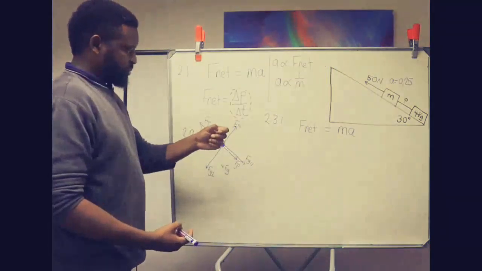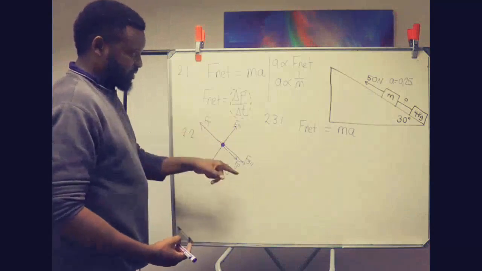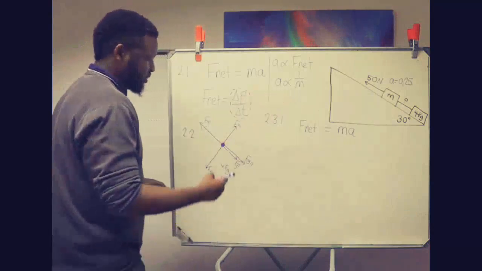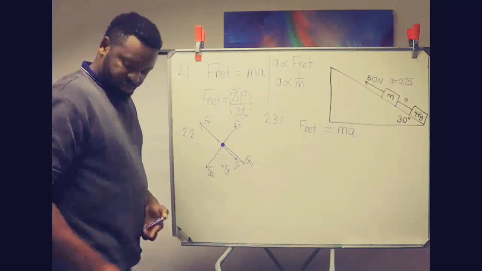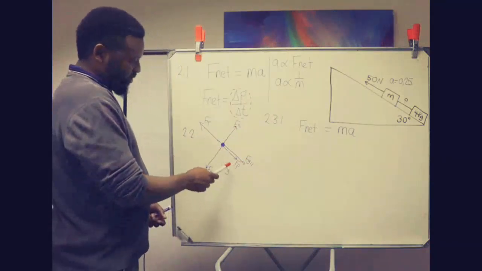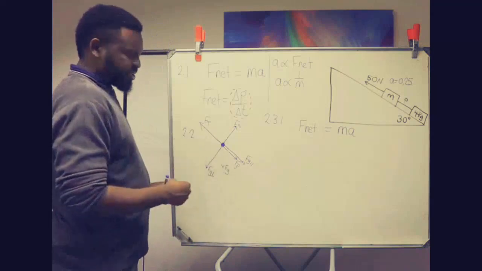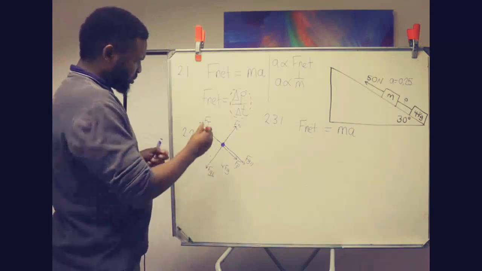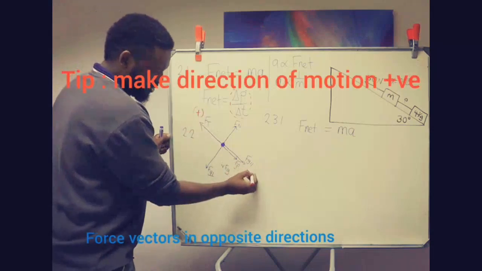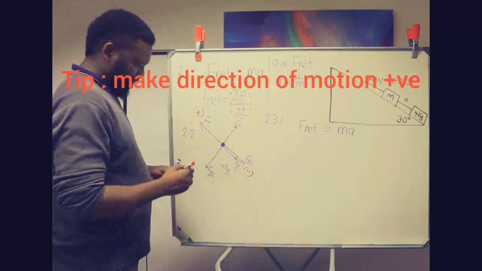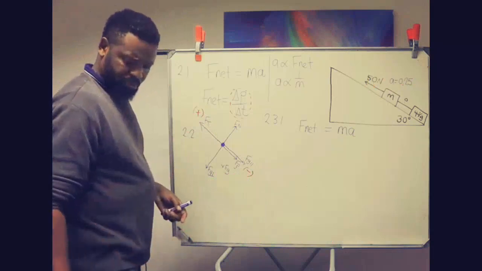So for the 4 kg block, it is these parallel forces that cause the acceleration. So let's add them up. Now before we add them up, you can clearly see that there are vectors going in opposite directions. It's always easy to make the direction of motion the positive direction. And then all the forces that are opposing become negative forces.